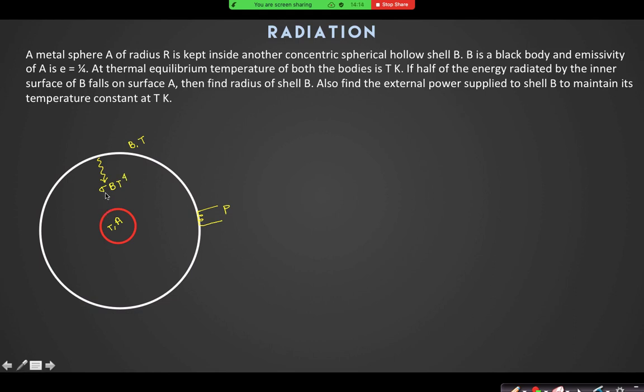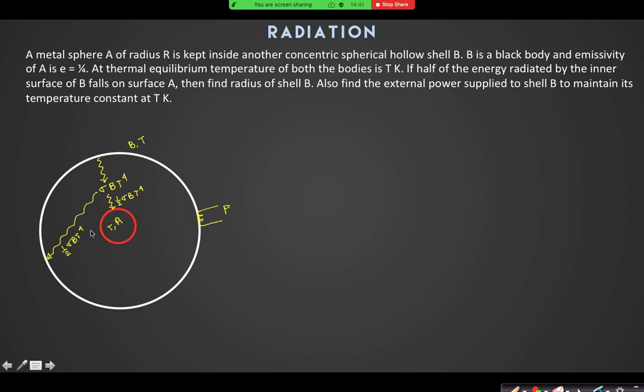Out of this much radiation, half of the energy is incident on the surface A. So the incident energy on A is half of sigma B T power 4. Definitely the rest half will fall back on its own surface, half of sigma B T power 4.